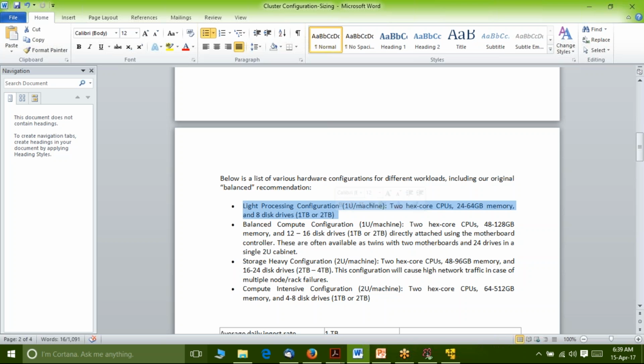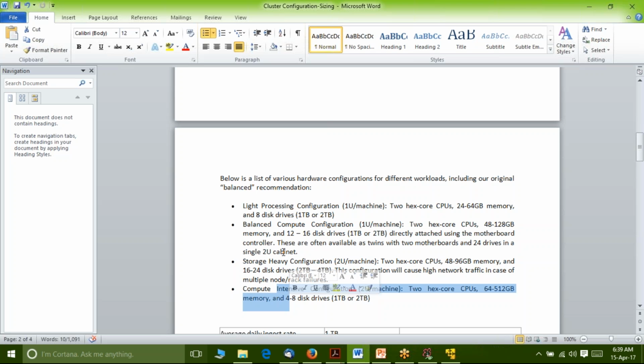For the balanced compute configuration, they have specified 48 to 128 GB memory, 12 to 16 disks of 1 to 2 TB size. For the storage heavy configuration, what needs to be done? For the compute intensive configuration, what needs to be done?